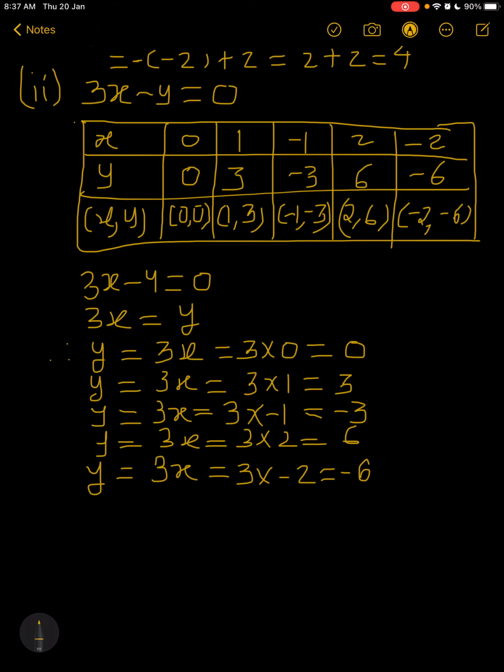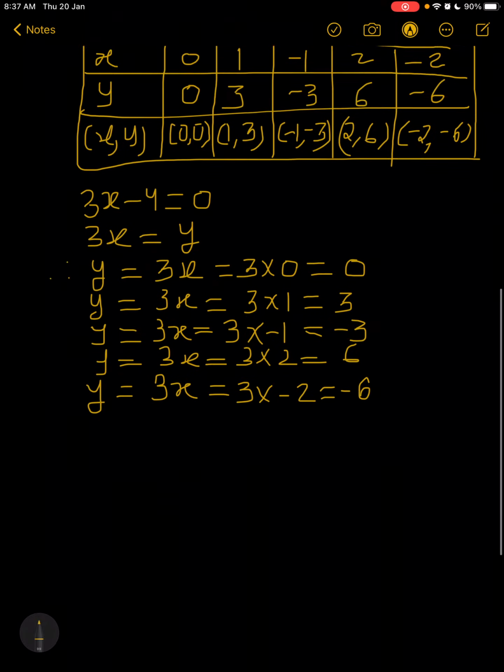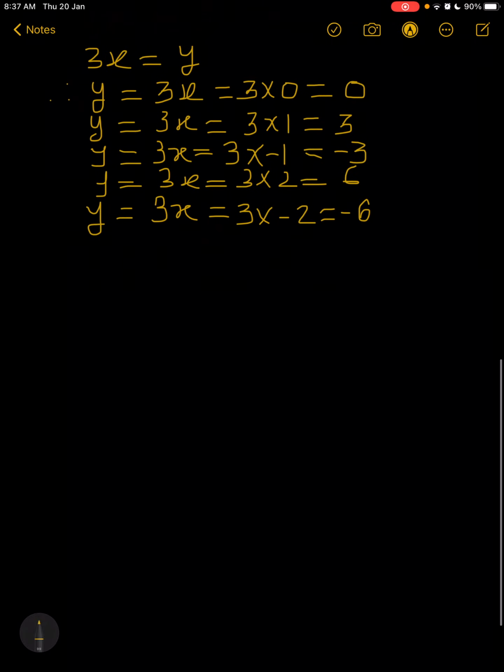Now all the boys and girls, after completing table number 1 and 2, the last table we will be preparing. The last one is 2x plus y is equal to 1.